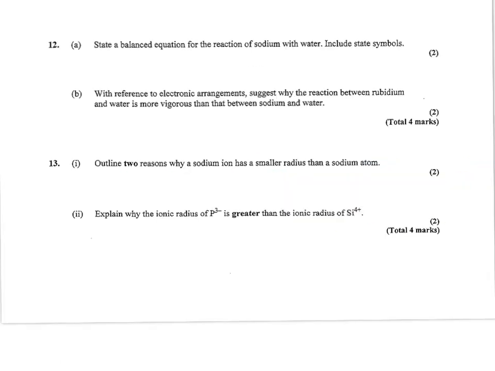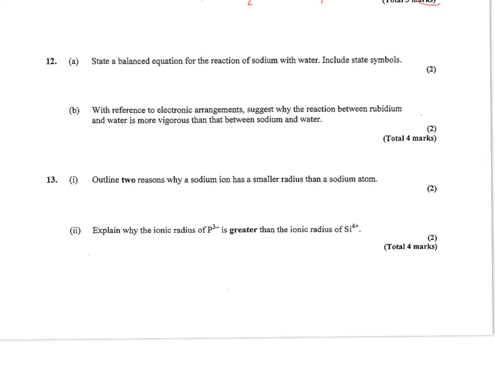Number 12, this is one where I'm just not sure it's worth working that hard to remember the equations, but sodium with water, this one's not too difficult. You have Na, the sodium, you have water, and if you remember, it's going to be vigorous, and it's called an alkali metal, so you know it's going to form NaOH, and there's a lot of bubbling going on, so there's a gas being produced, which happens to be hydrogen.